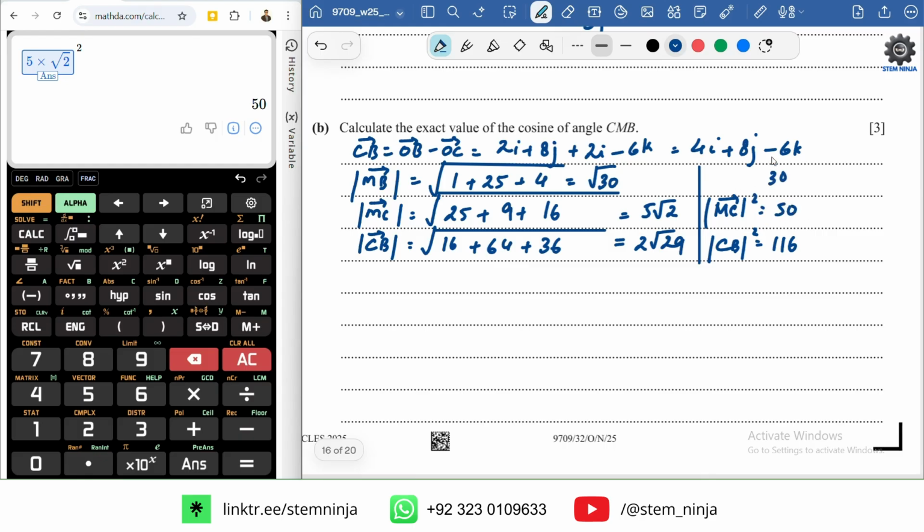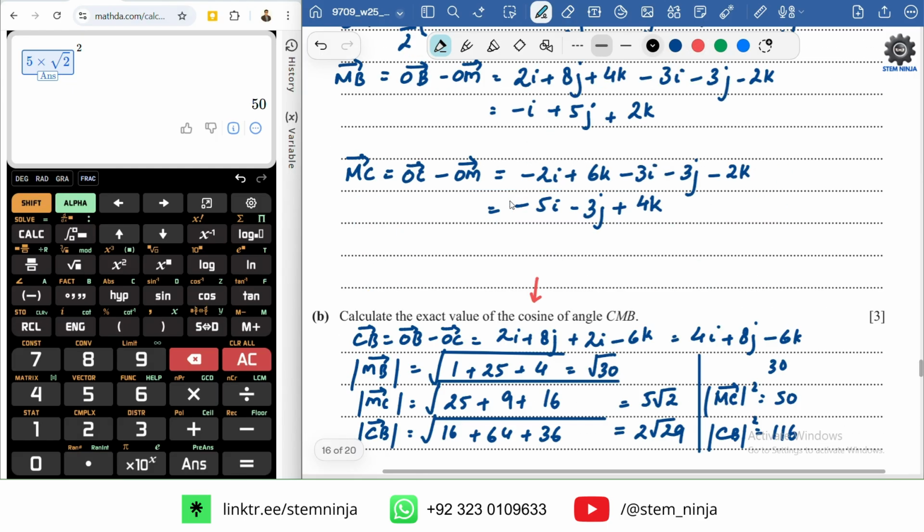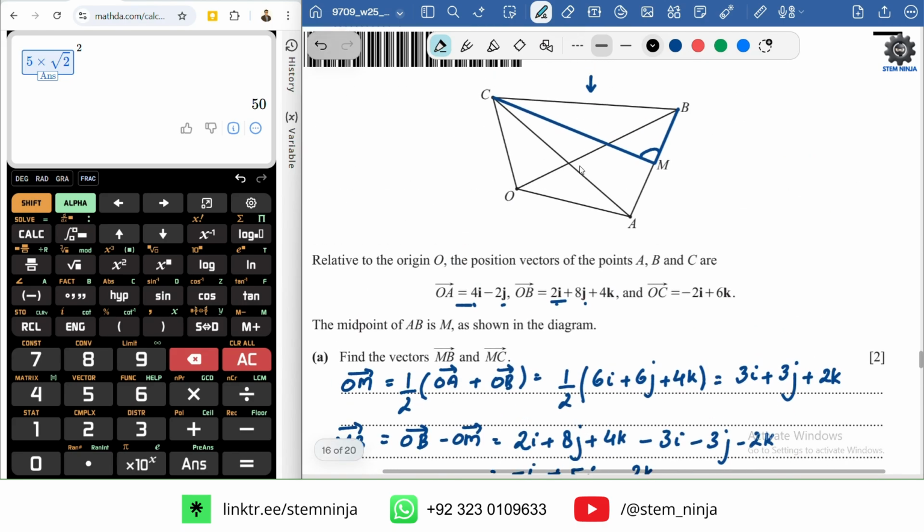Okay, so now we can use the scalar product, right? So scalar product between two sides, right? So CM and BM.